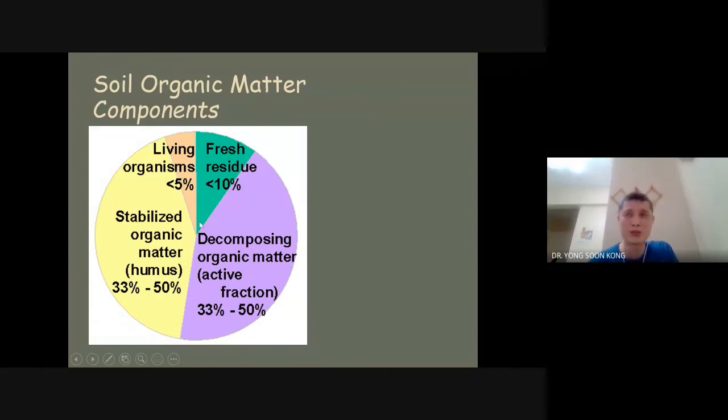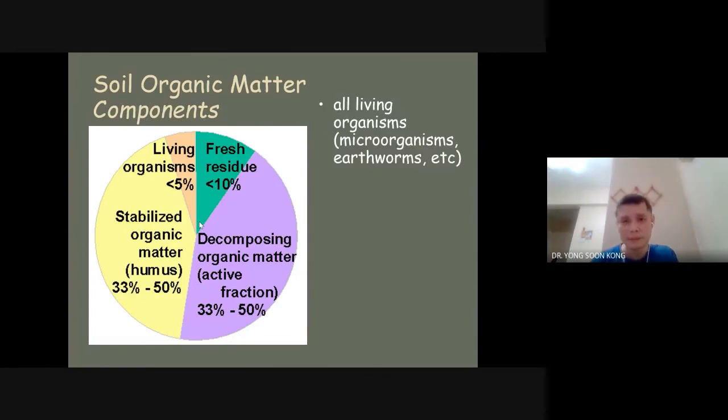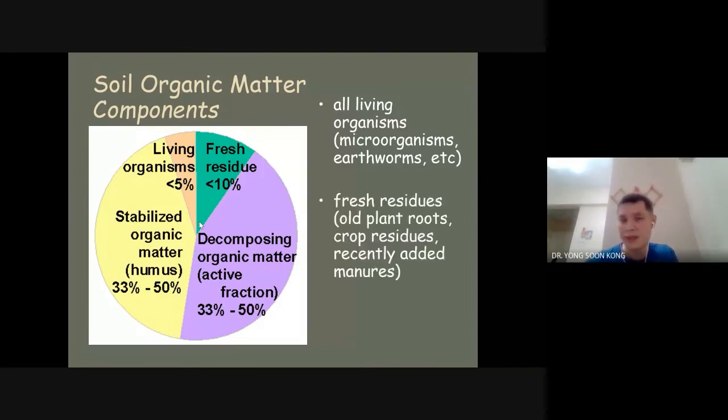Now, fresh residue, they could be animal-based or it could be plant-based, but we can say quite safely it's majority of them plant-based, yeah? Okay, so soil organic matter encompasses all living organisms, dead or alive, both counted under soil organic matter. And then fresh residue actually consists of organic matter.